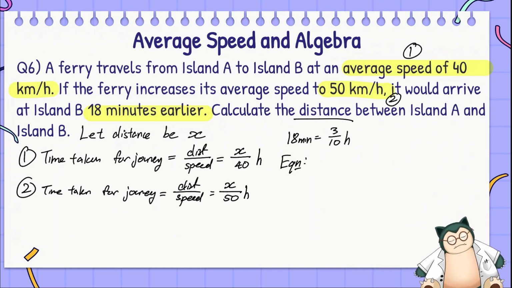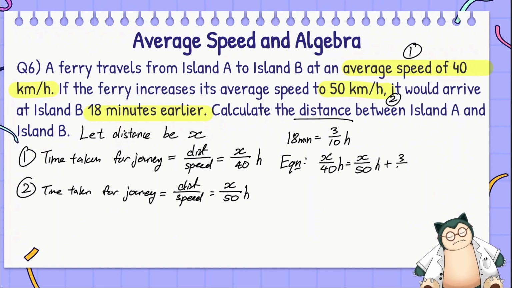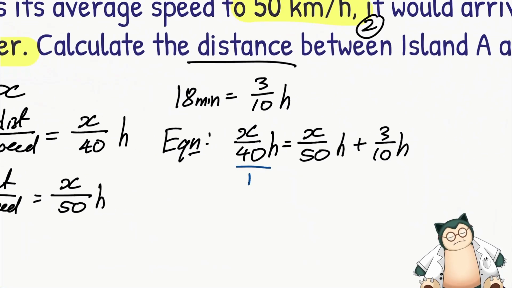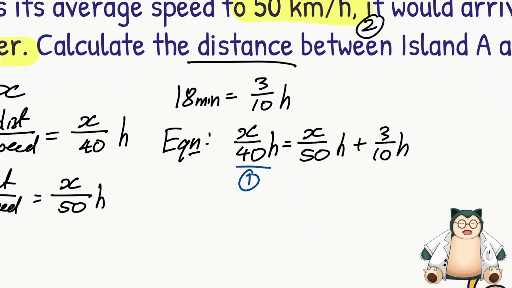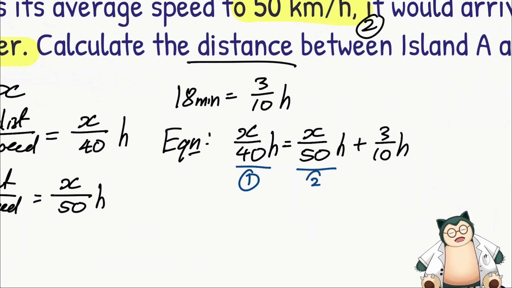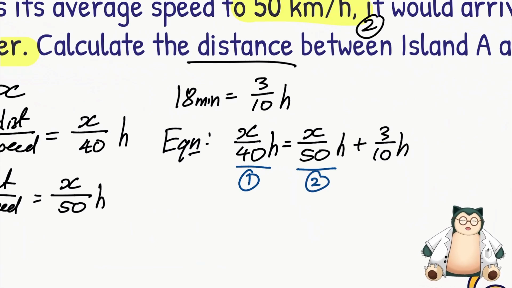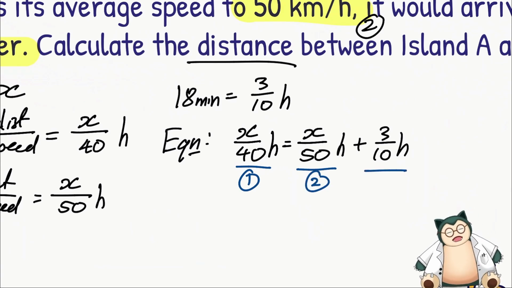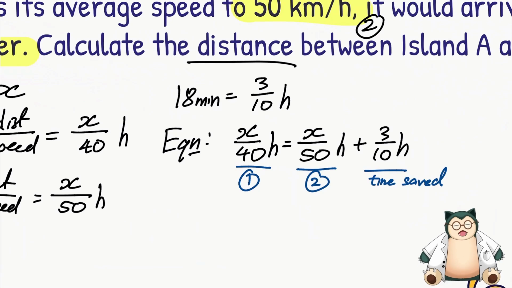So our equation would be x over 40 equals to x over 50 hours, and 3 over 10 hours. Okay, so how do I form this? This is from my first journey of 40 km per hour. This is the time taken during my second journey of 50 km per hour where it is faster. And this is the time saved of 18 minutes.